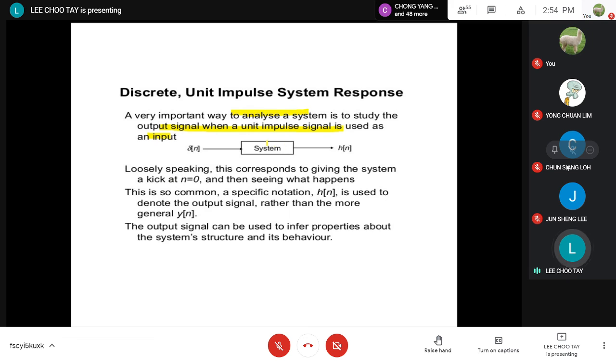We put a unit impulse signal, a delta signal, into the system, and we see how the system responds, and then we take the output as the Hn, which is the system's unit impulse response. We can use this to infer the property about the system structure and its behavior. I believe you learned this as well, I can't remember in which course.